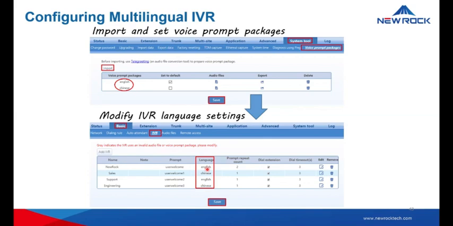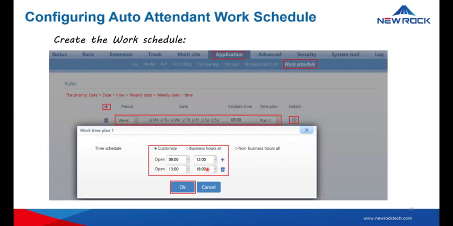Okay, so the next part is the auto attendant for work schedule. Go to application, then work schedule. Then you can select. So this is a priority. Select the date from Monday to Friday. Set that to plan 1. Then you can also select weekly or monthly. As I've said, you can customize the time accordingly.